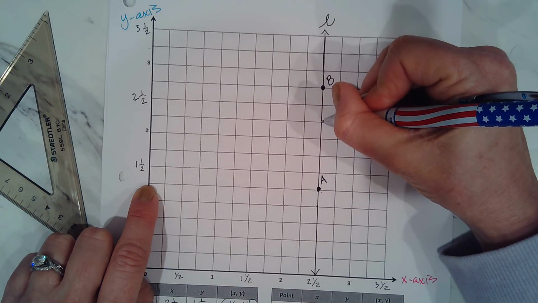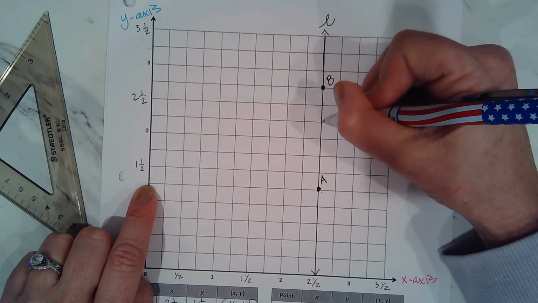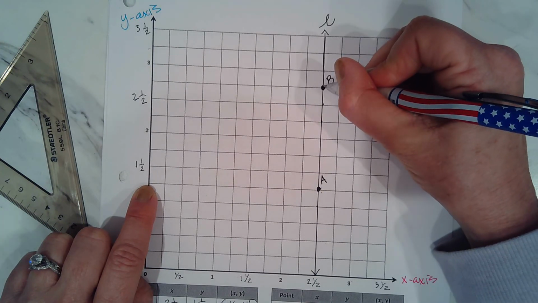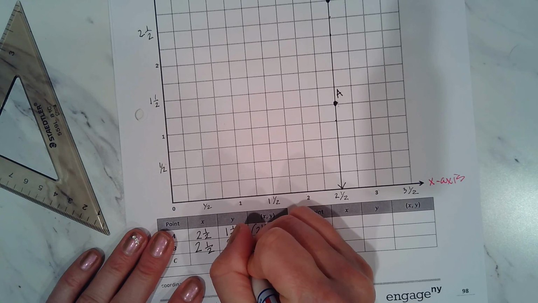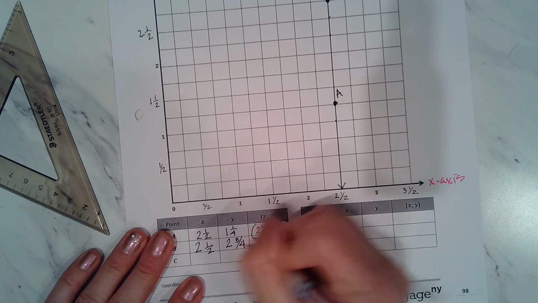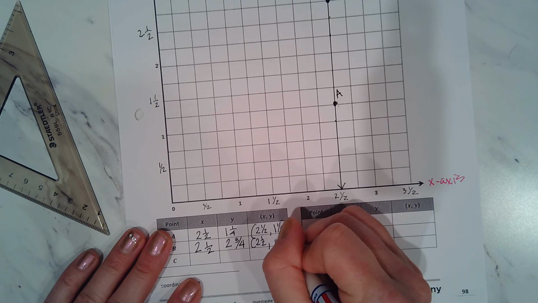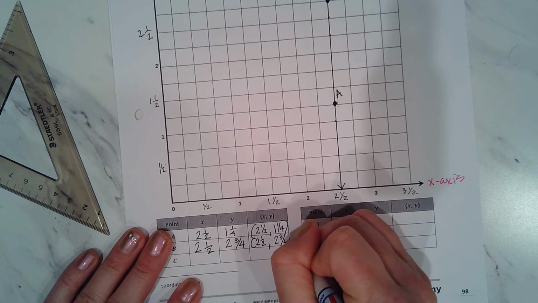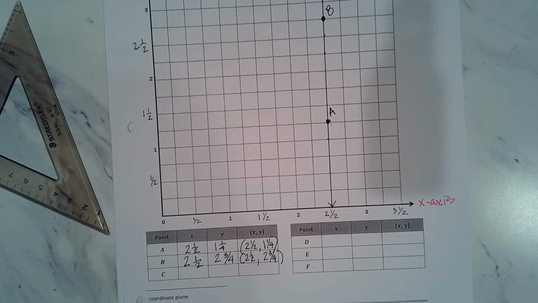And then I have to add a half. And each one of these is a quarter. So a quarter plus a quarter is a half. So your B ends up at 2.75. So your coordinates are 2.5 by 2.75. Okay. So did you see the way I used my fingers? I just added.